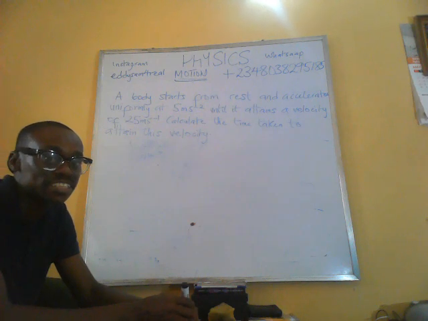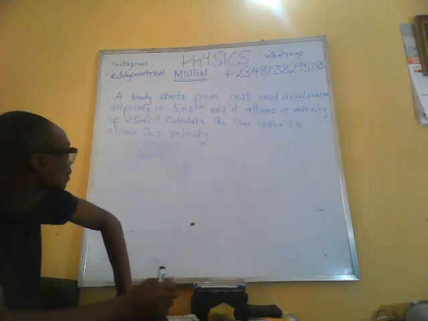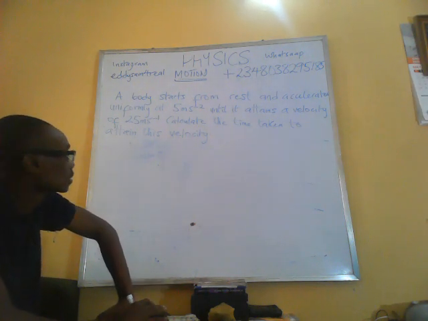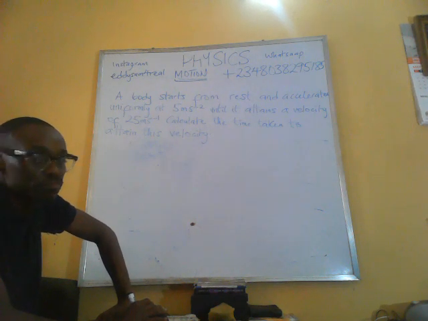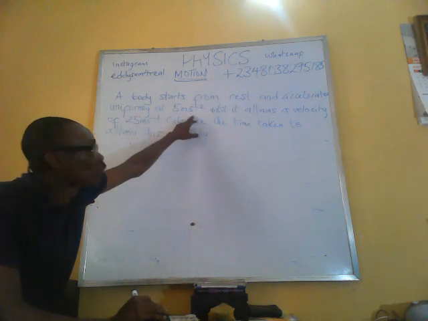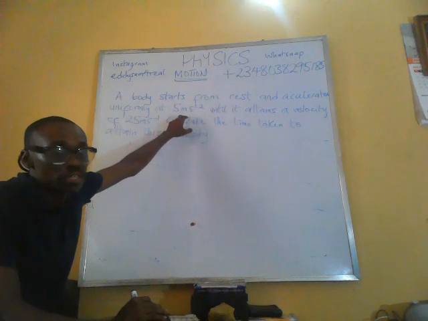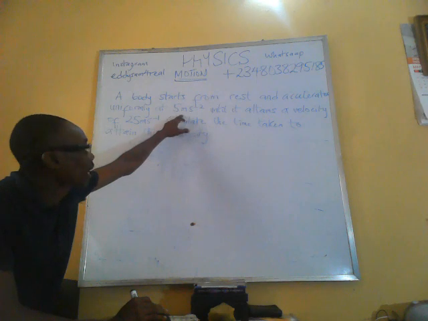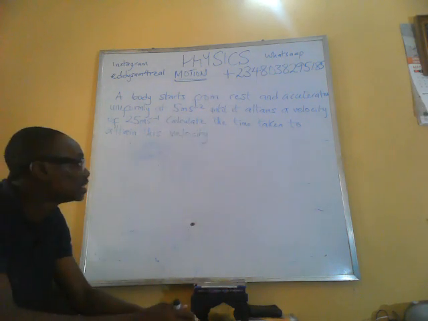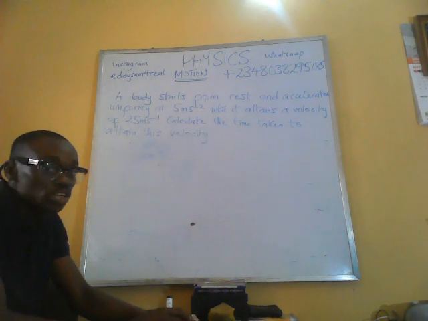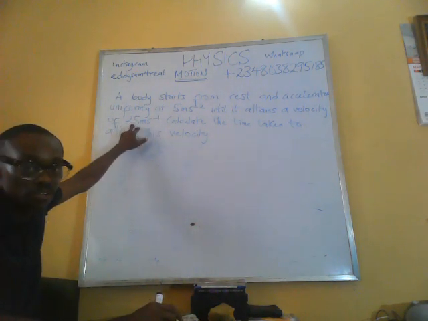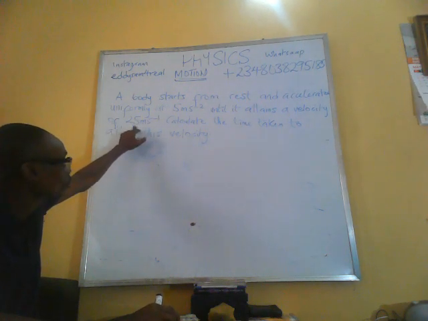The question states that a body starts from rest and accelerates uniformly at 5 meters per second squared. This ms^-2 is interpreted as 5 meters per second squared, until it attains a velocity of 25 meters per second.